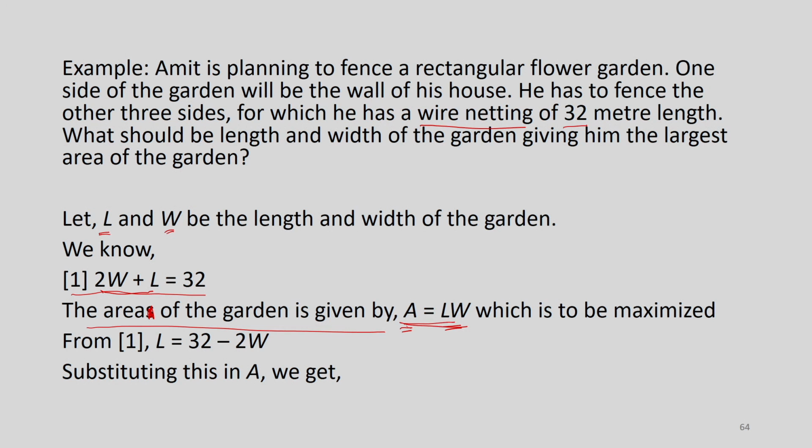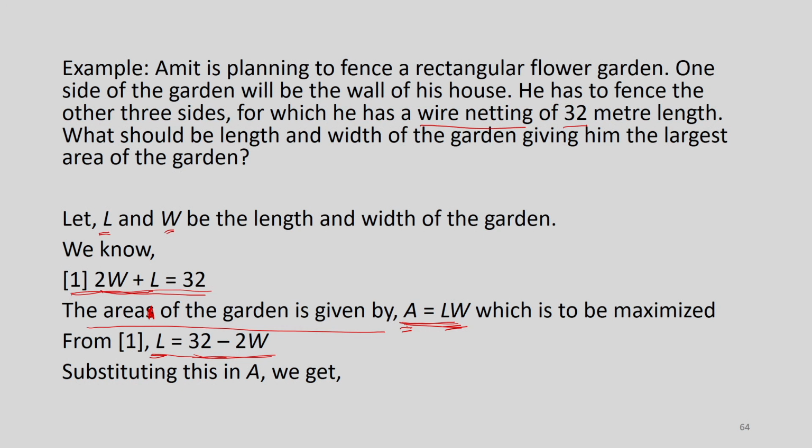What we do is use this particular relationship 1, which is 2W plus L is equal to 32. From this relationship we express the length, L, as a function of the width. So, we get L is equal to 32 minus 2W. This will help us convert the A function into a function of a single variable.